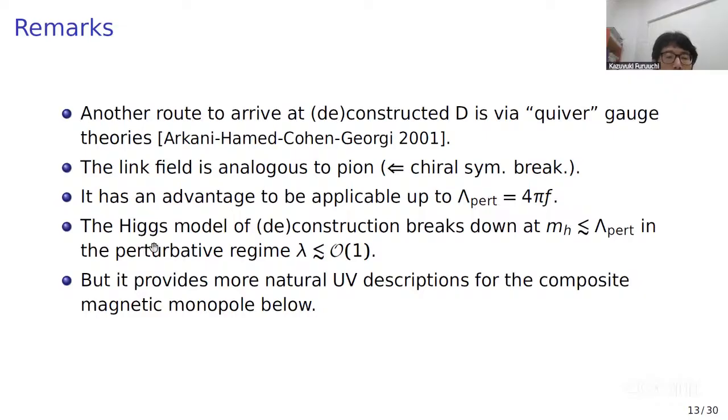We will follow the Higgs model of deconstruction instead, which breaks down a little earlier than this perturbative UV cutoff, when the quadratic coupling of the Higgs potential is smaller than 1. But the Higgs model has an advantage for our study. It provides a more natural UV description for the composite magnetic monopole we discuss below.